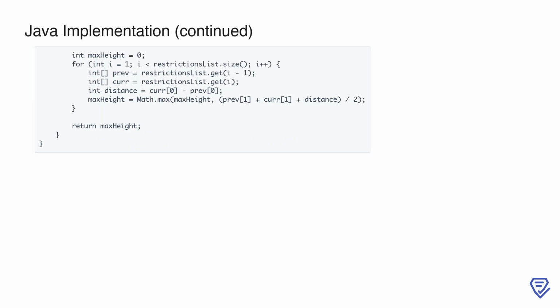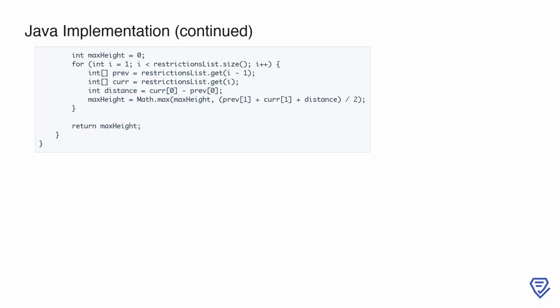After the forward pass, we perform a backward pass through the restrictions list. This pass ensures that the maximum heights are further adjusted, taking into account the restrictions of the subsequent buildings and their distances. Once both passes are complete, we calculate the maximum possible building height. This is done by iterating through each pair of consecutive restrictions in the list.